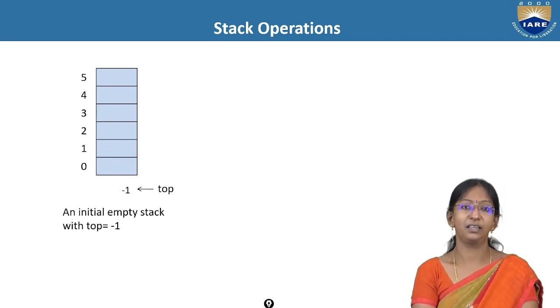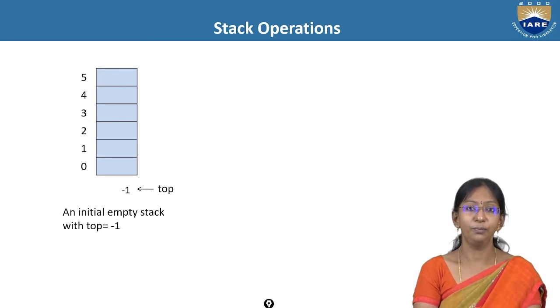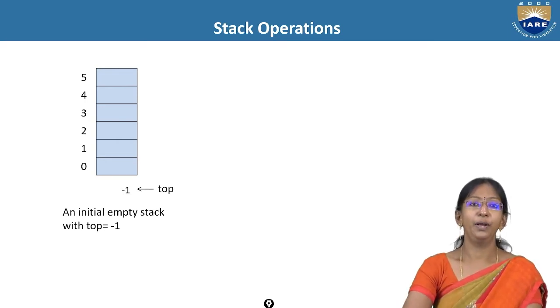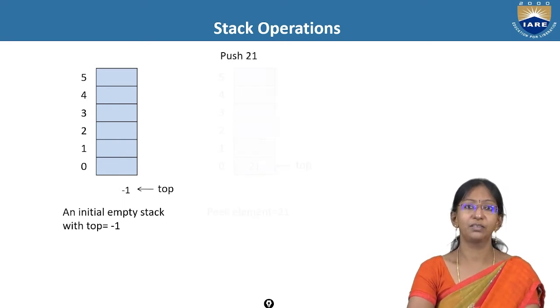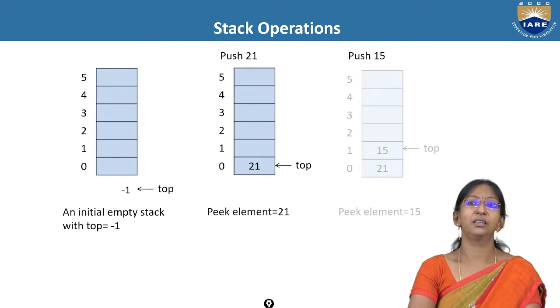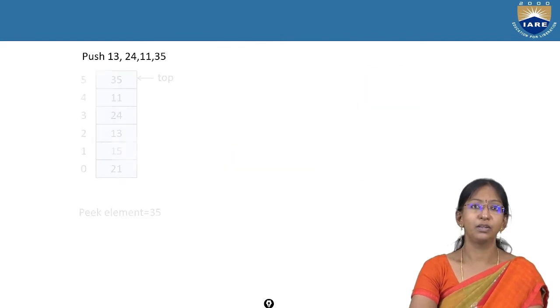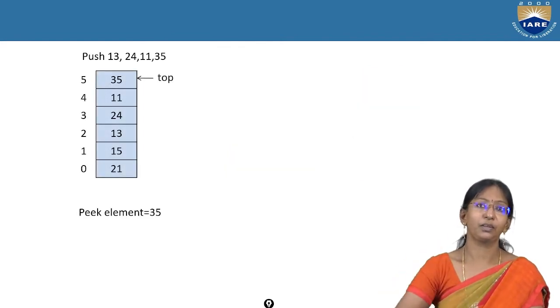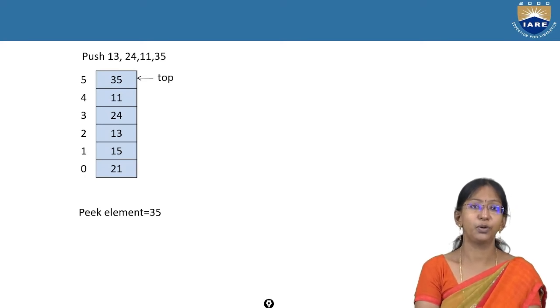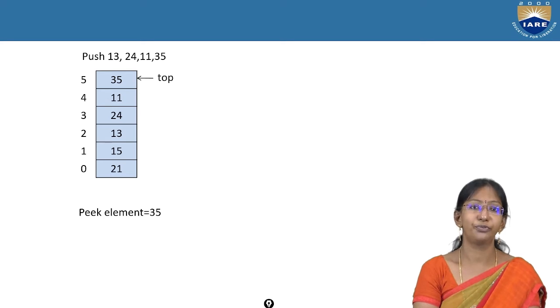Initially, the top element will be pointing to -1. Right. So when I insert an element, that is push an element into the stack, it will be pointing to the 0th index value. So by incrementing the top pointer, I'm going to insert the values. So as soon as I inserted 4 elements, my top is pointing to the topmost index value, which is 5.